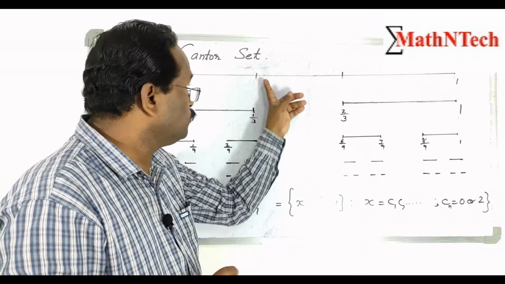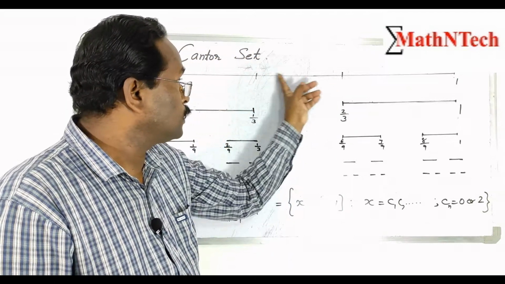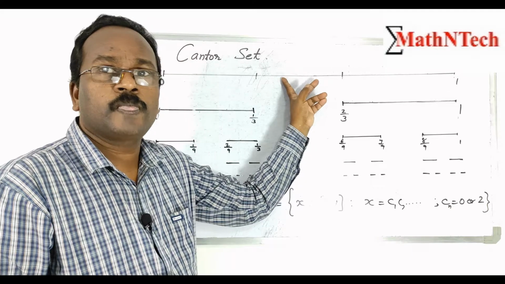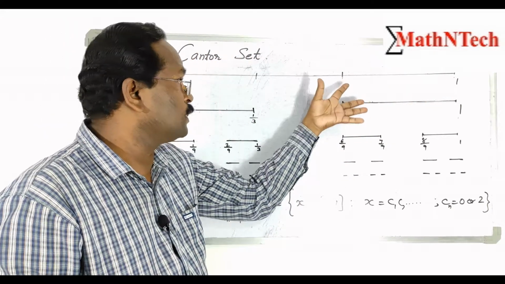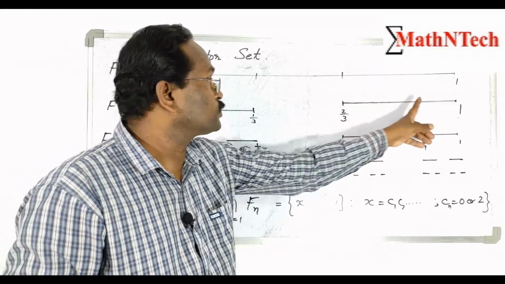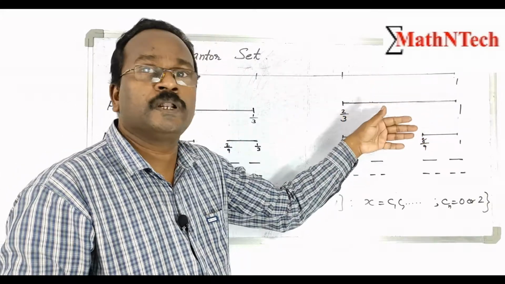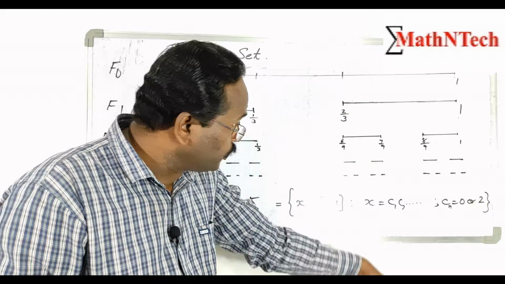So we remove the open middle thirds. We are given interval 0, 1, remove the open middle third, we get two closed intervals. Again remove the open middle third. That process is continued.